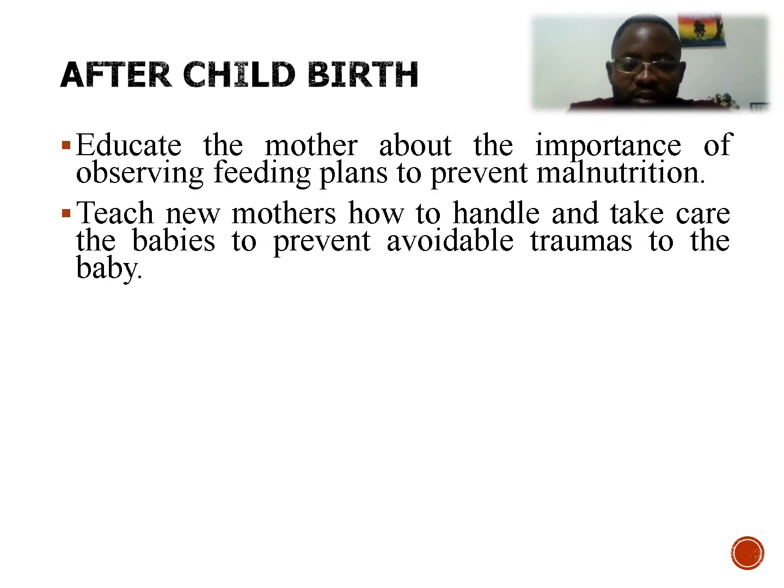So after childbirth, when the child is born, there are also certain activities that we carry out under primary prevention. Educate the mother about the importance of observing feeding plans to prevent malnutrition. The child must be fed.